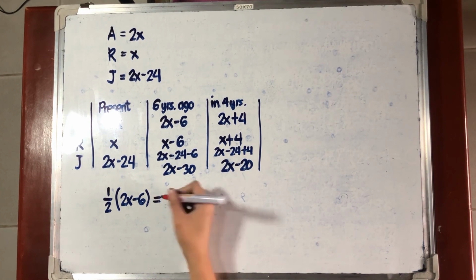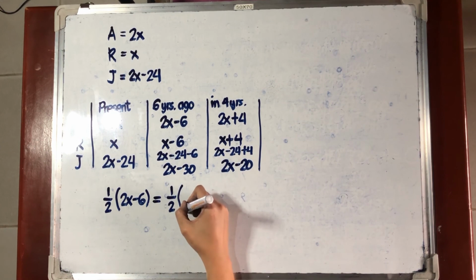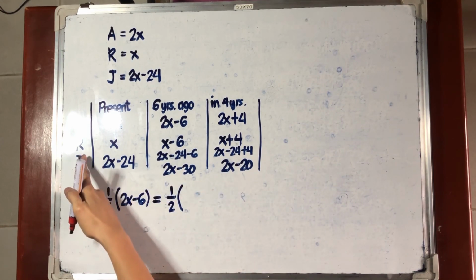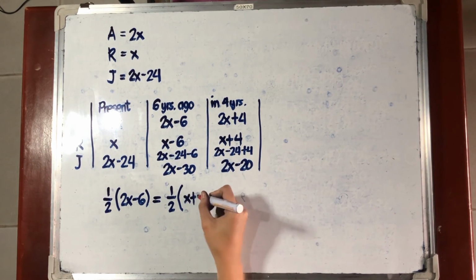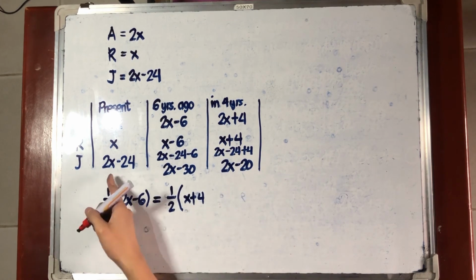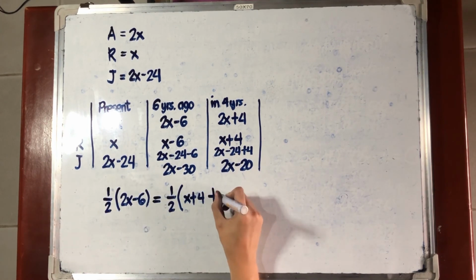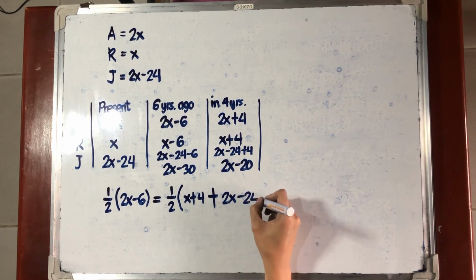So, is means equal to 1/2 the sum daw of Rico's age in 4 years. That's X plus 4. And Jake's present age, 2X minus 24.